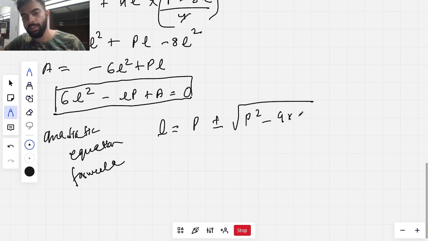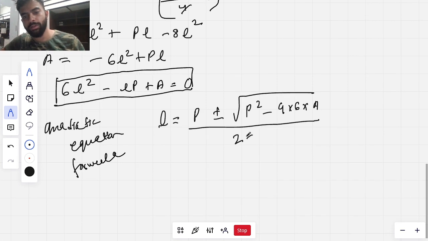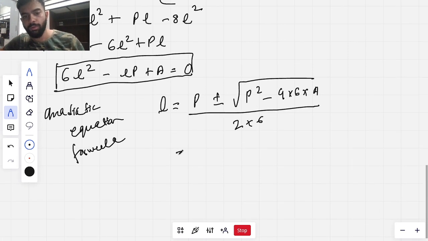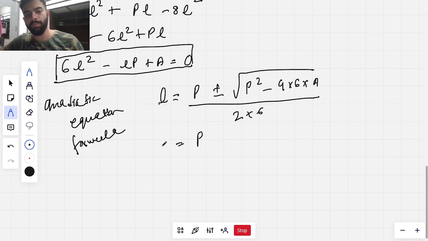So 4 into 6 into A by 2A. So 2 into 6, which is 12.